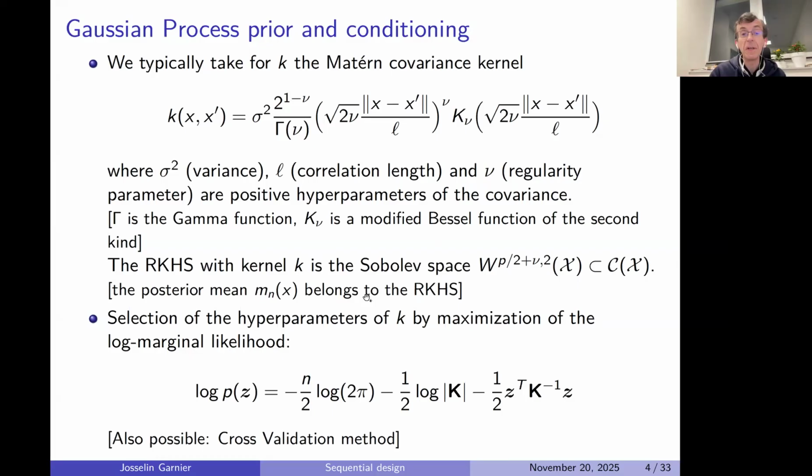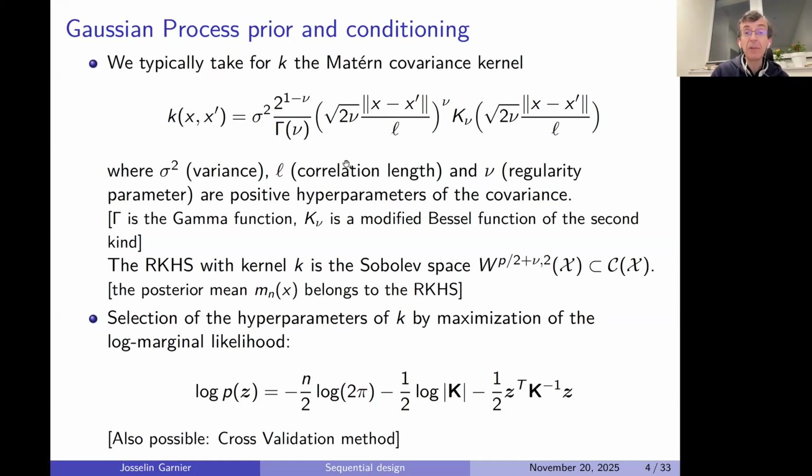In fact, you can show that the posterior mean that I have defined just before belongs to a classical Sobolev space whose index depends on the nu that you have chosen here. So if you anticipate something very smooth, you can take nu very large. If you anticipate something that is rather rough, you will take nu small, for instance, 1/2, which then will have a regularity equivalent to an Ornstein-Uhlenbeck process or a Brownian motion.